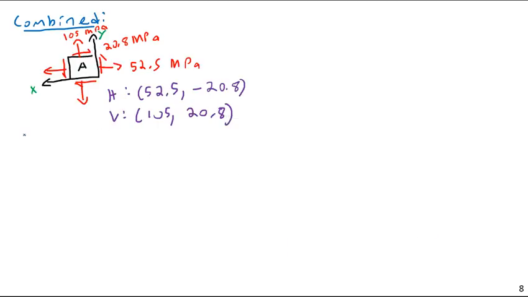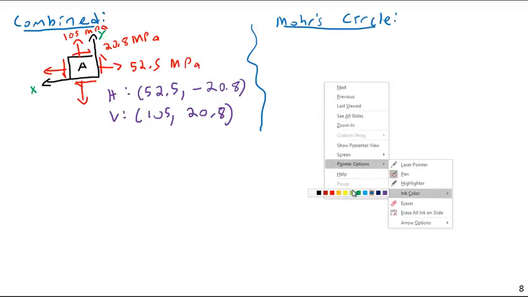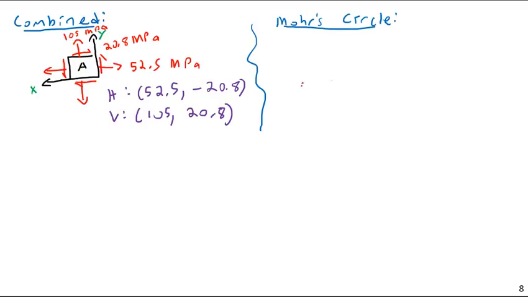Okay, Mohr's circle next. Let me get my Mohr's circle stuff. So I'm going to say my sigma average equals sigma x plus sigma y over 2.